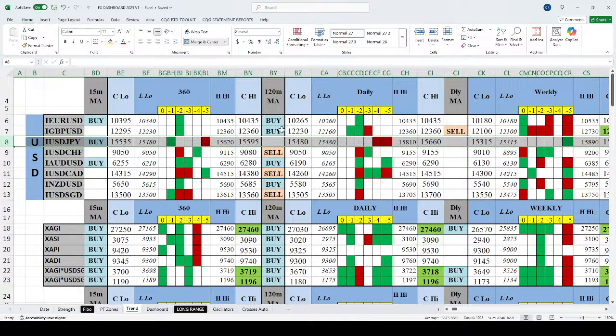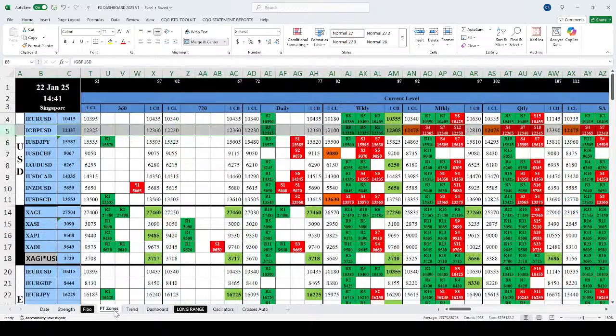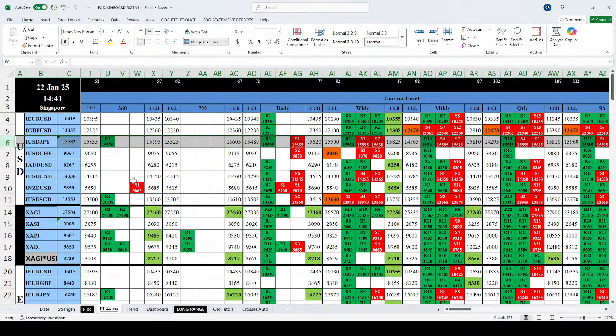So we can be going for a sell and hold, because on the daily we have two consecutive down closes. Okay, so it looks like the market may have seen the top on the daily. So for confirmation, we look into the PT zones. 15620 is a key level, and we also have a weekly strong sell.